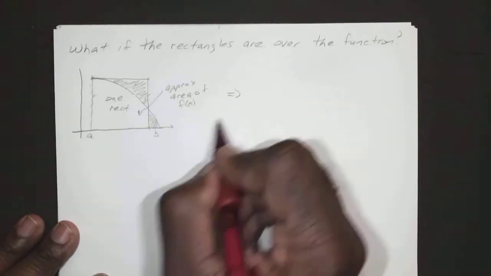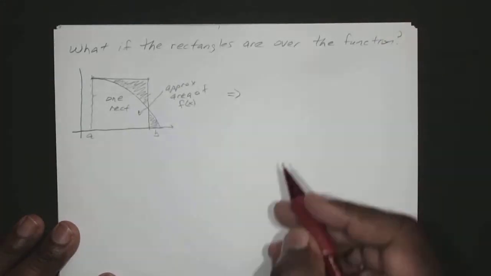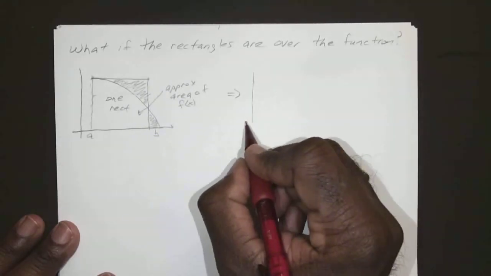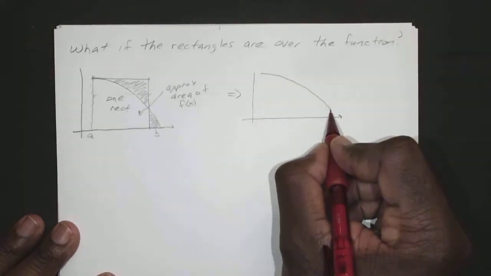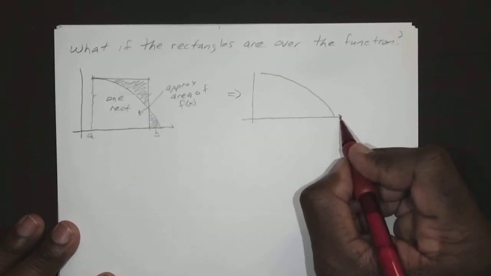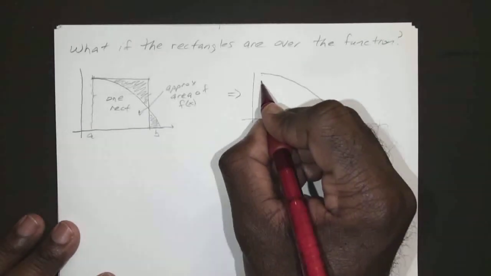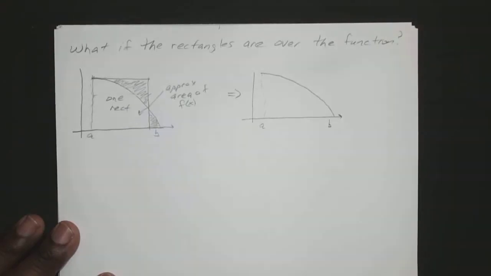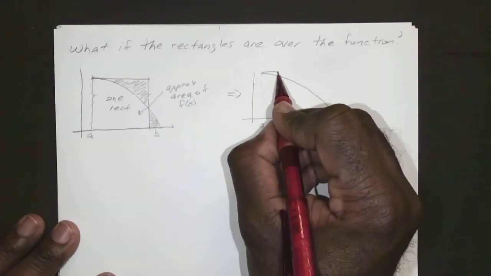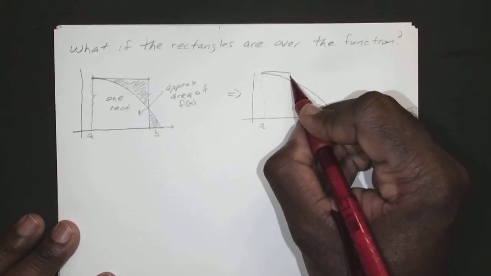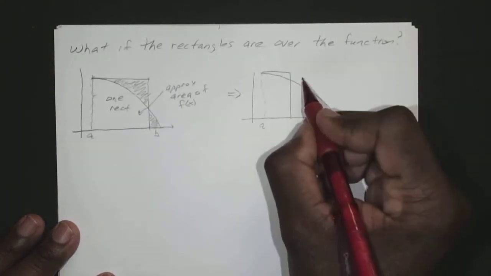Okay, so just like before, what if we have two functions? Okay, we get the very same graph from A to B. Okay, but this time we want two graphs that happen to go over the function.